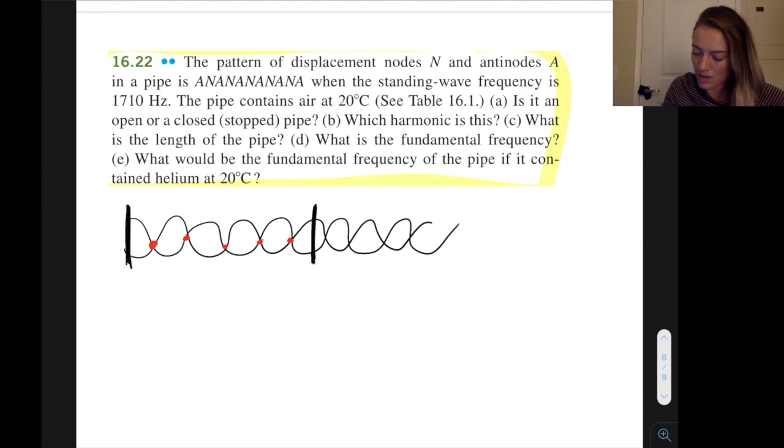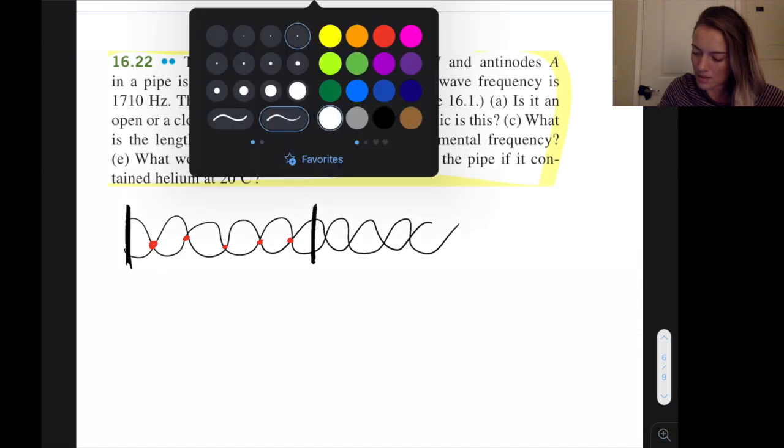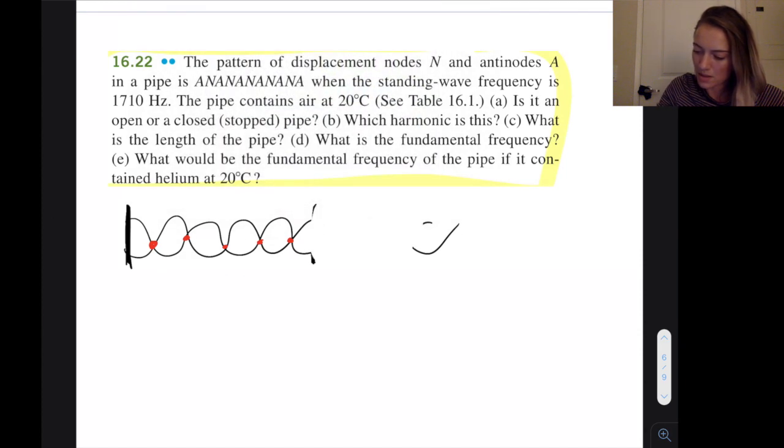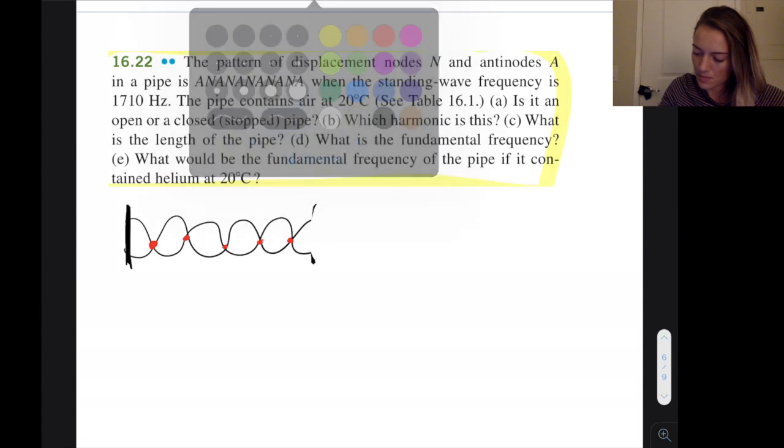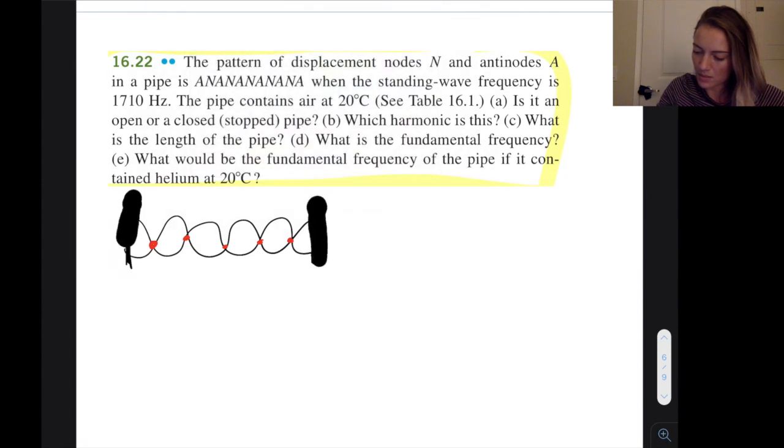So here, this corresponds to this pattern because we have an antinode on each end, right?